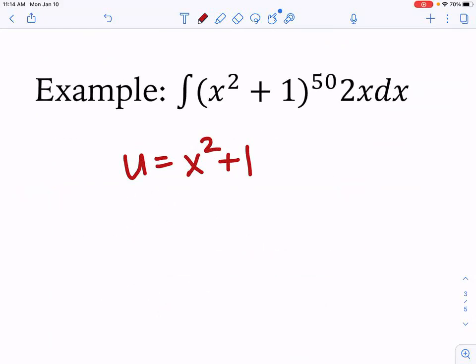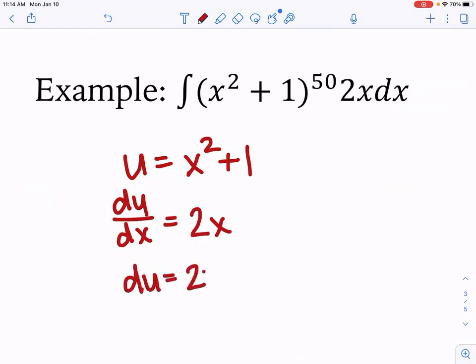Now, what would the derivative with respect to x of u equal? The derivative is just 2x. Now here's what we have to be careful with. We are doing a derivative inside of an antiderivative, so we have to keep the process straight. Now I am going to rewrite this as du equals 2x dx.